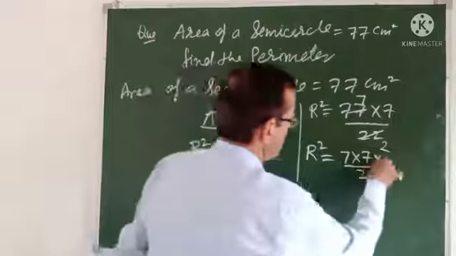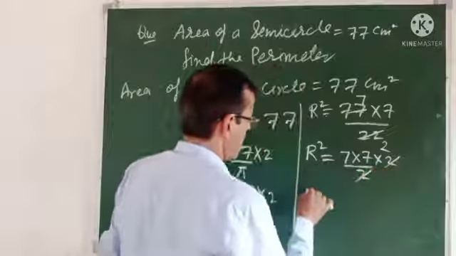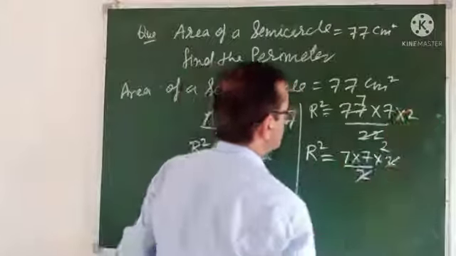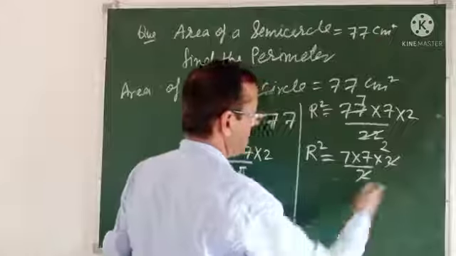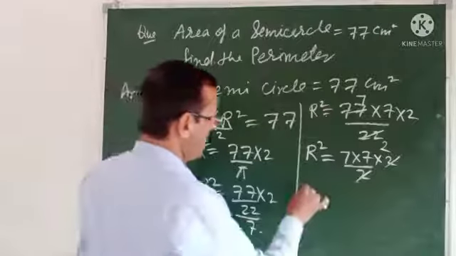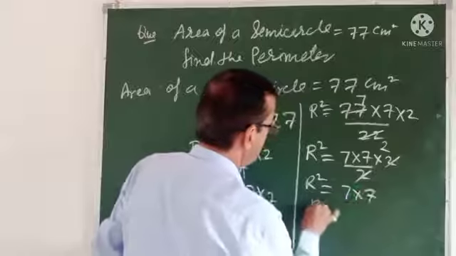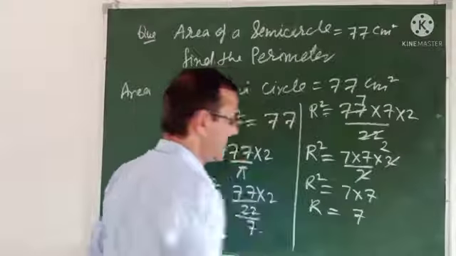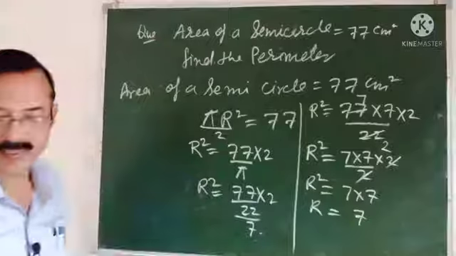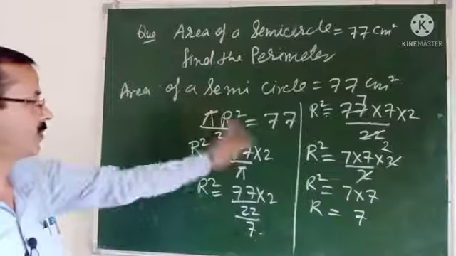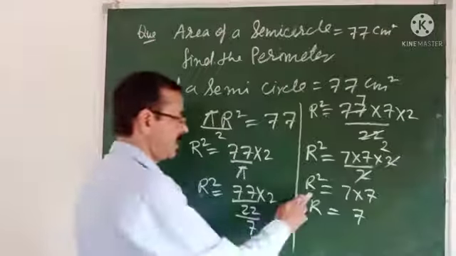So here what will be 2? 2 cancel. Then r square is equal to 7 into 7. Then r is equal to what? 7. We found that the radius is 7. A little fault became a greater fault, a major fault.